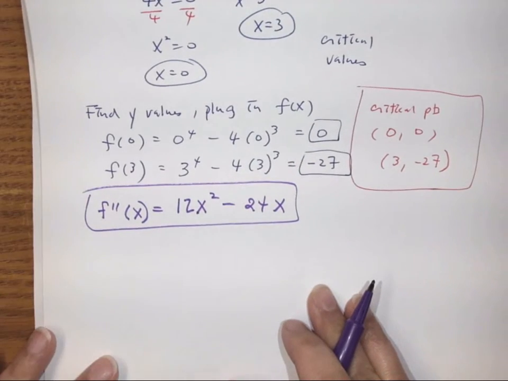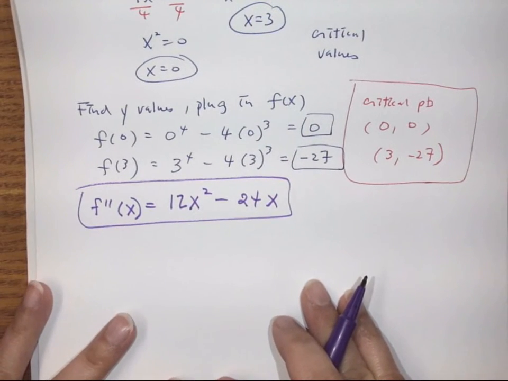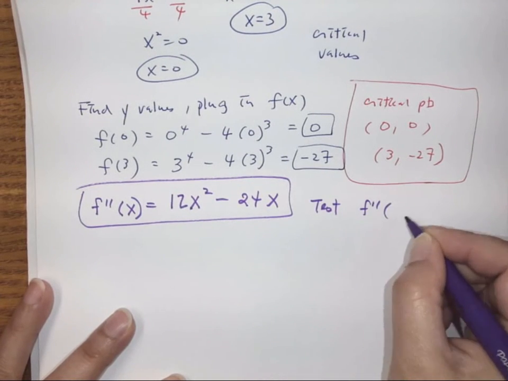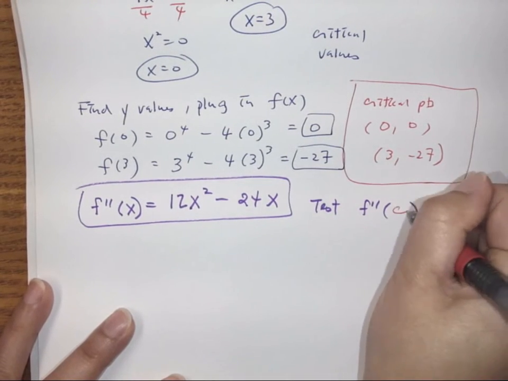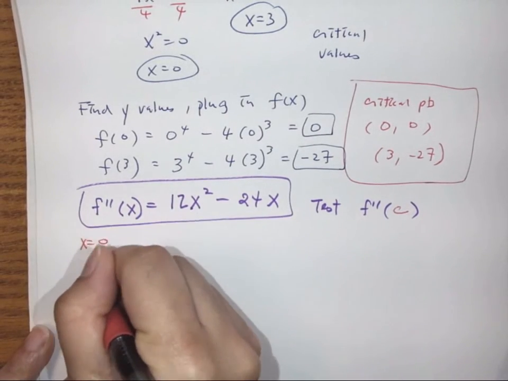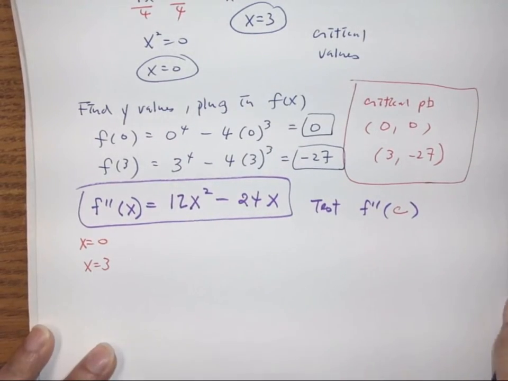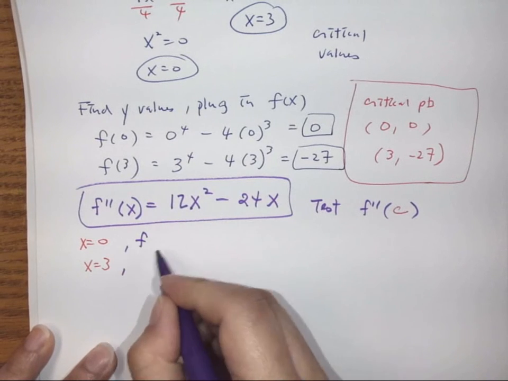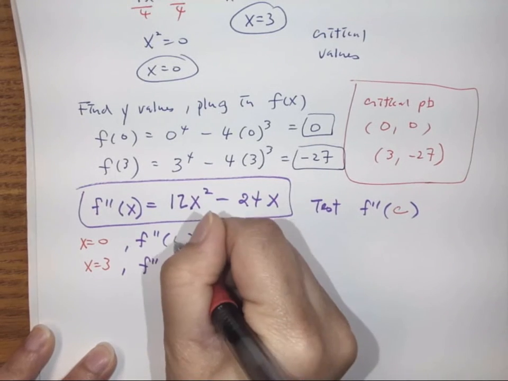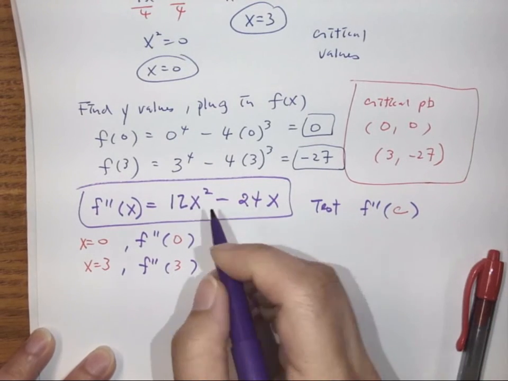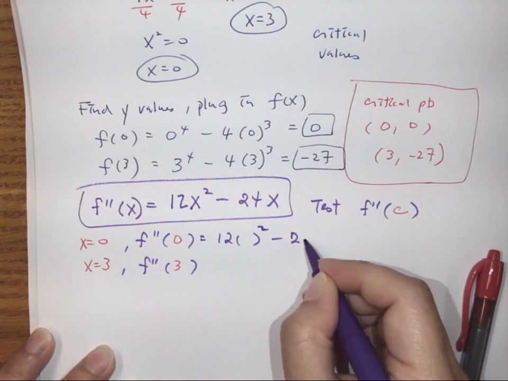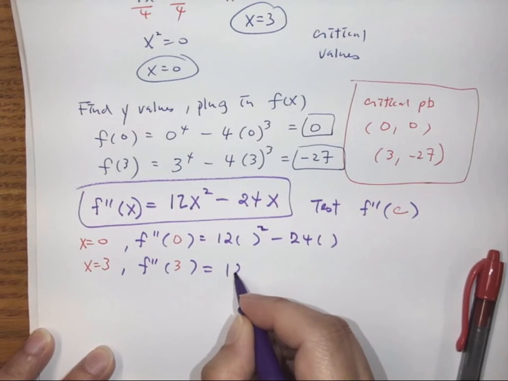And then I need to test f double prime of those 2 critical numbers, x equal to 0 and x equal to 3, right? So I need to plug in 0 and 3 into 12 times something squared minus 24 times something.